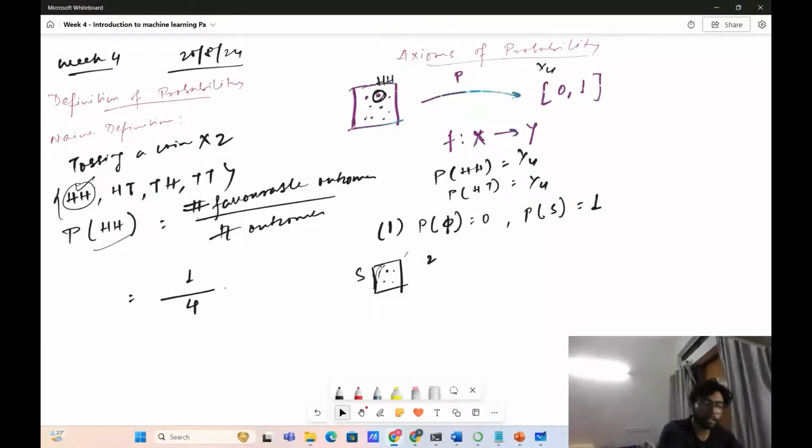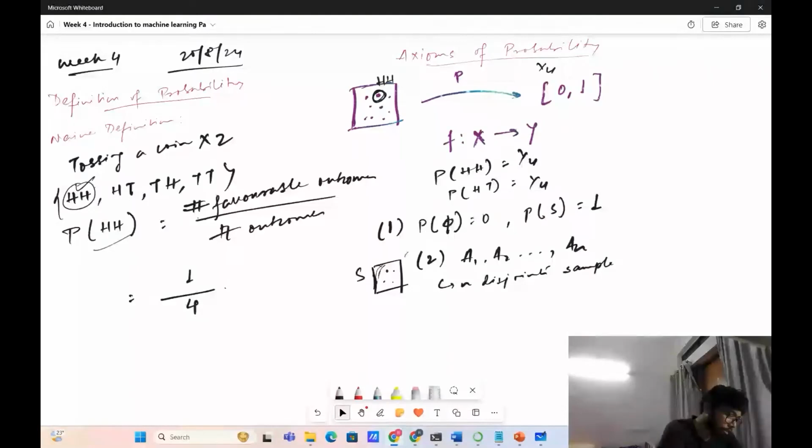Okay, second axiom is, if you have, let's say, A1, A2, up to An, these are n disjoint events, I will write events.